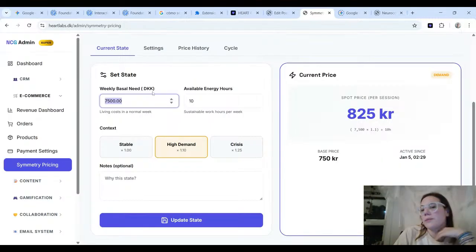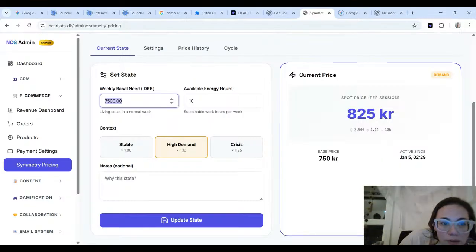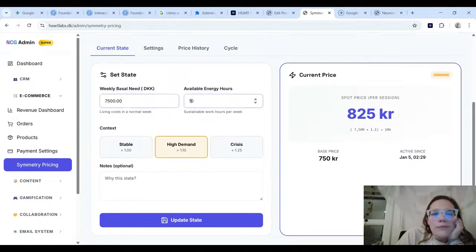This is in Danish crowns, and you can choose the currency, and the available amount of hours that you want to offer that week. And then you can set a certain context.